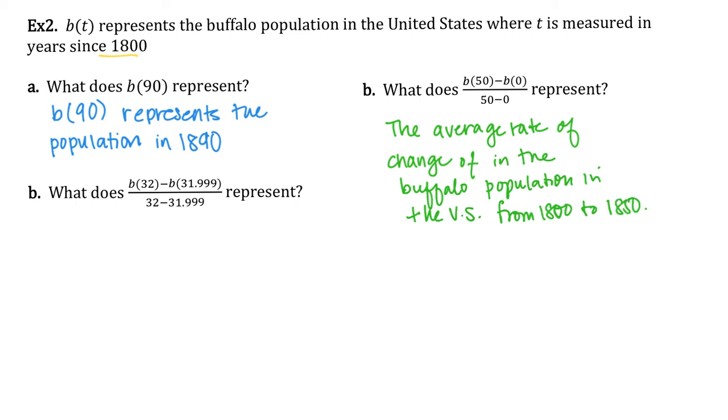And when you're interpreting it, make sure you're considering the units. This was the buffalo population. This was in certain years. Those have to be included every time you write this.